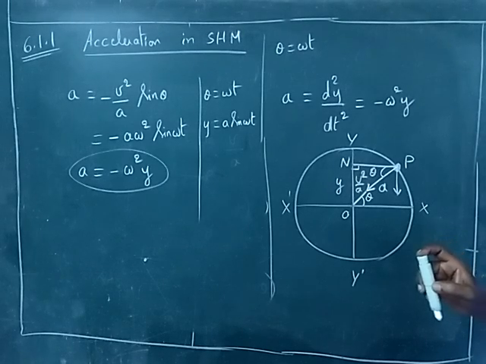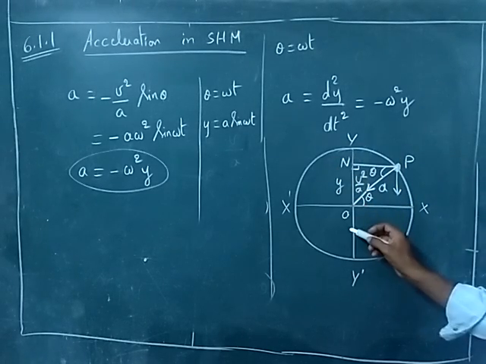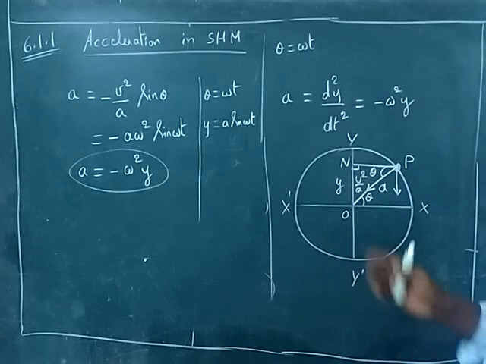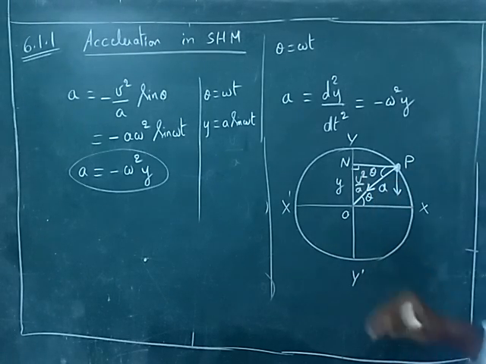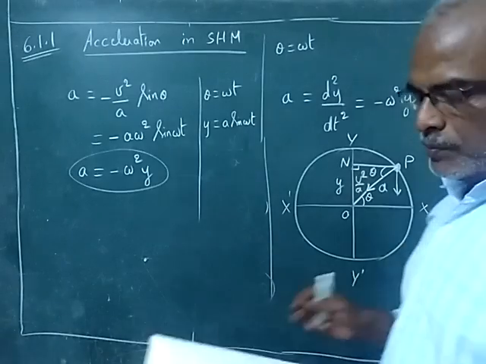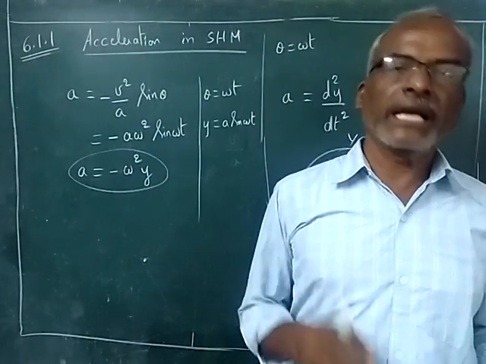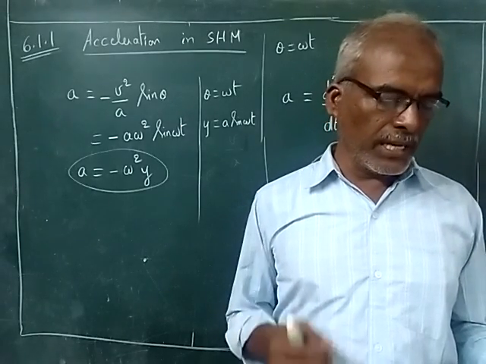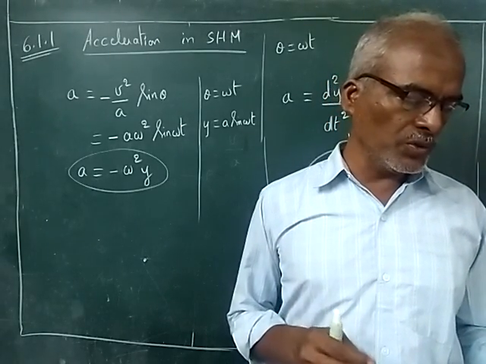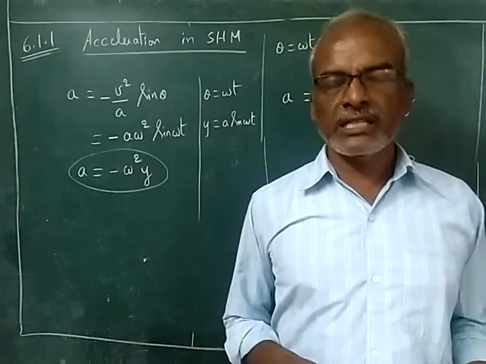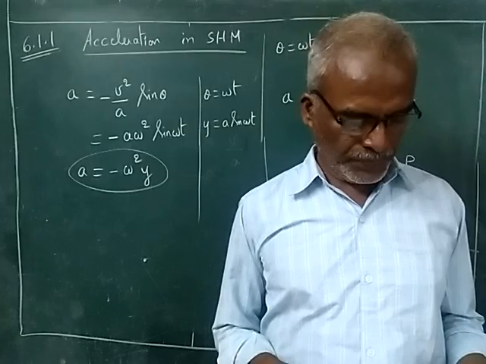When it comes at this point, it is upwards. So the displacement and acceleration are quite opposite. That's why the minus sign. The negative sign indicates that the acceleration is always opposite to the direction of displacement and it's directed towards the center.